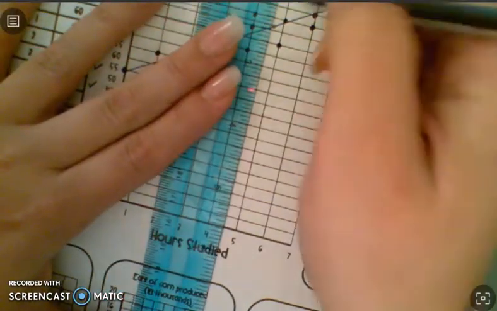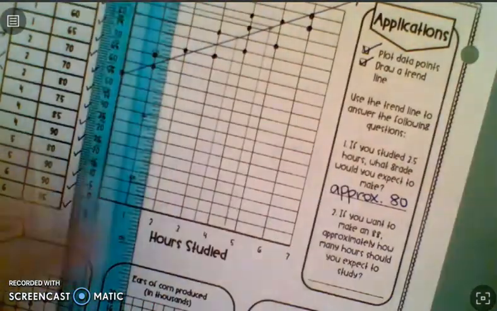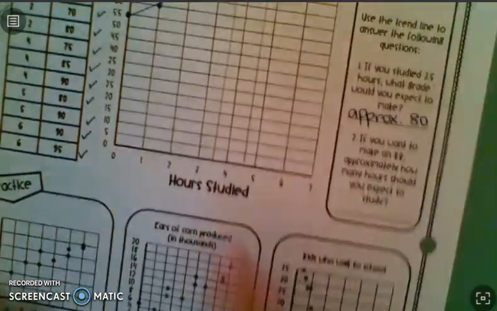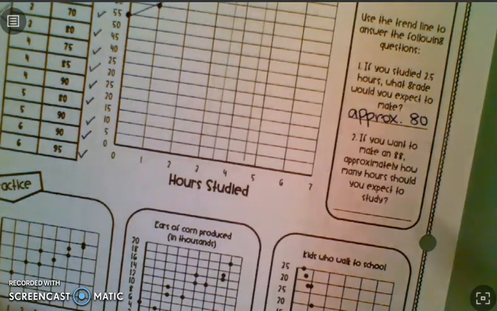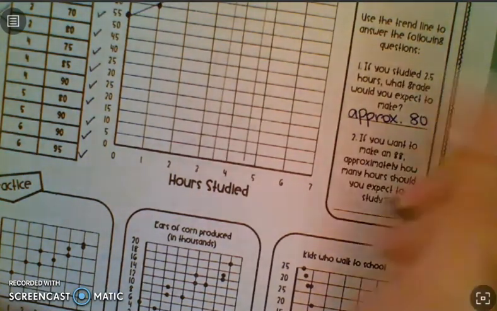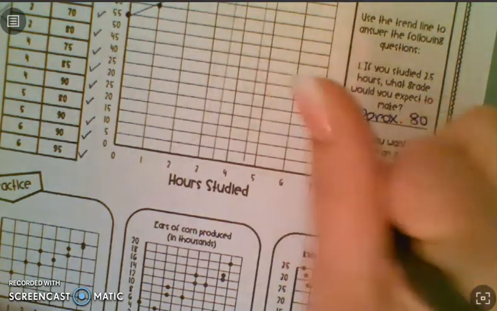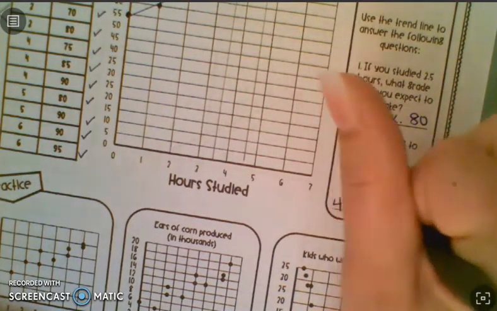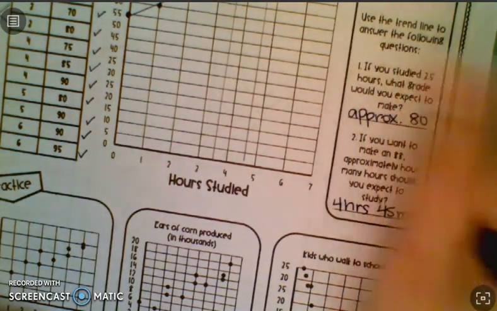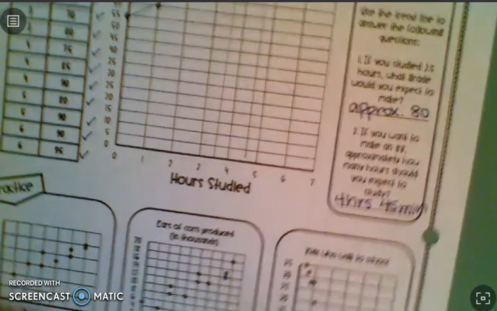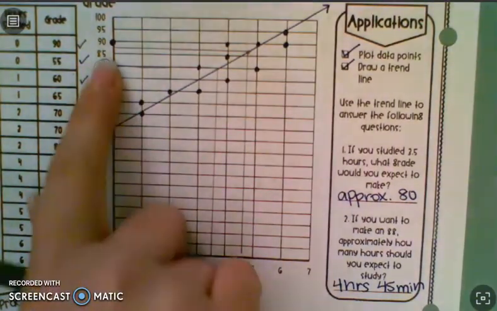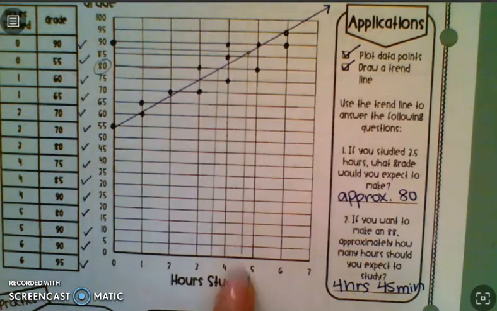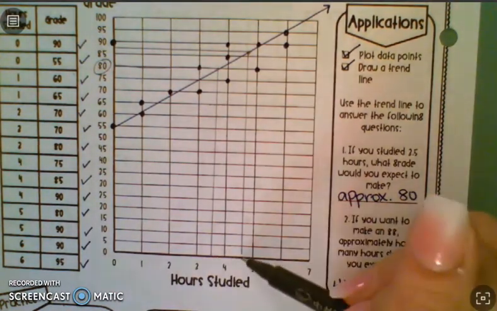I would need to study a little bit more than 4.5 hours. So let's say you need to study about 4 hours and 45 minutes, approximately. So it was up here, I went across, and I went down. And it meets right here.